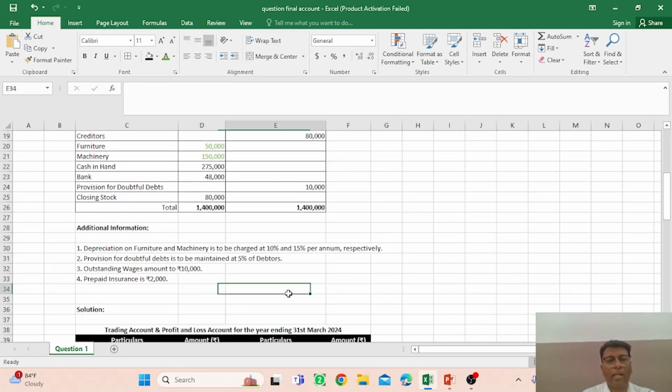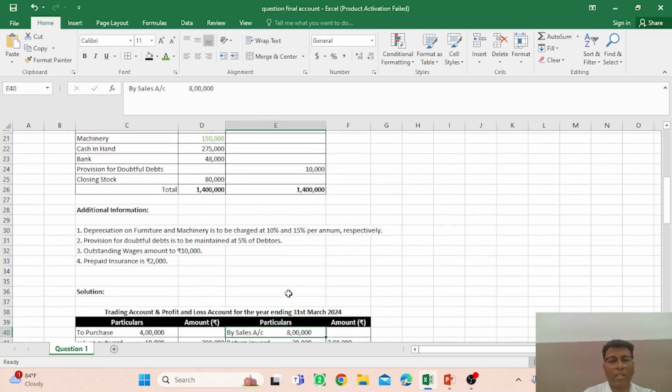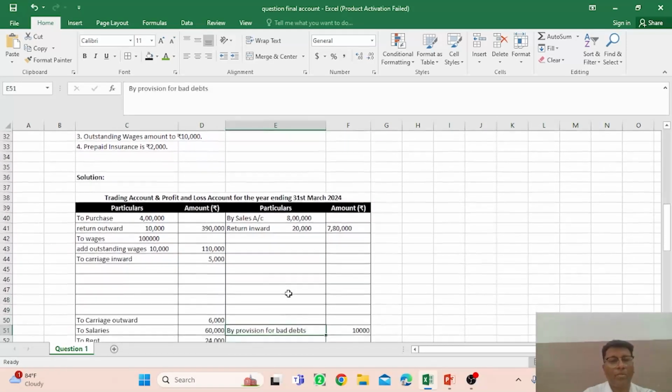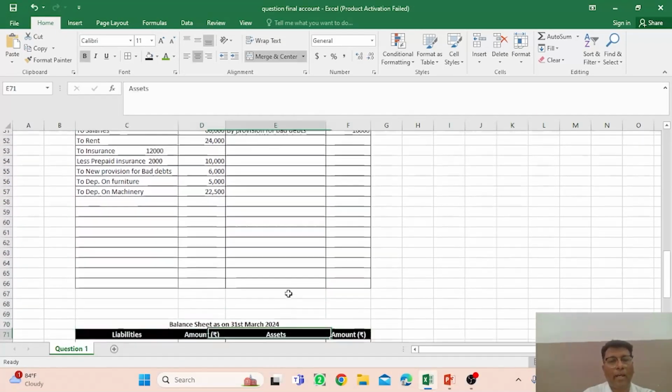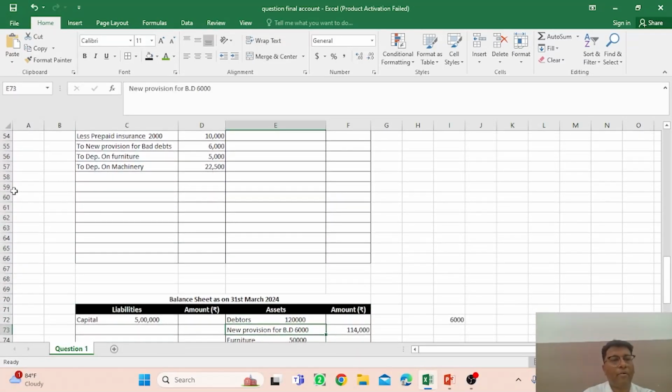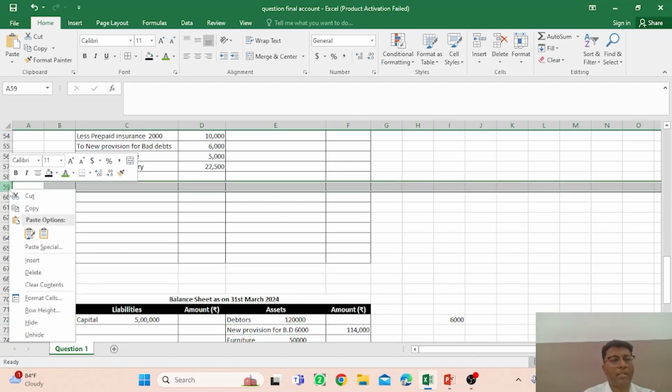I think all the adjustments have been done, and all the items in the trial balance you have mentioned in the final accounts in the right place. So now the trading account, the P&L account and the balance sheet you have prepared, and this is the time for closing the accounts.